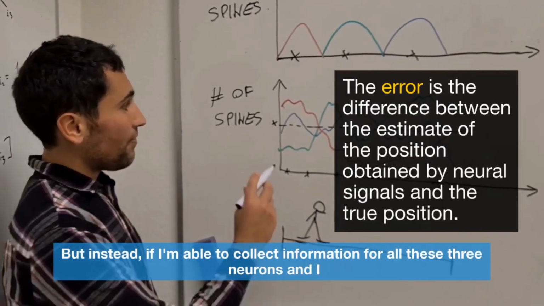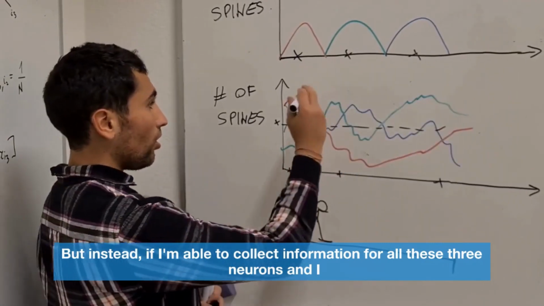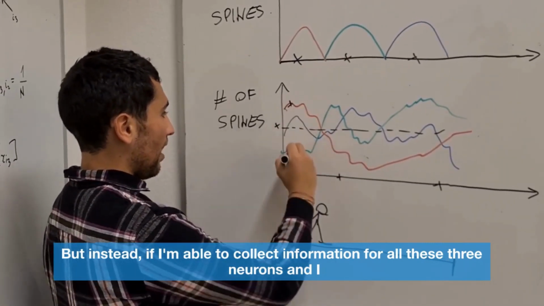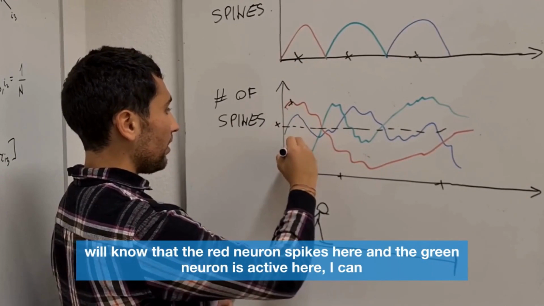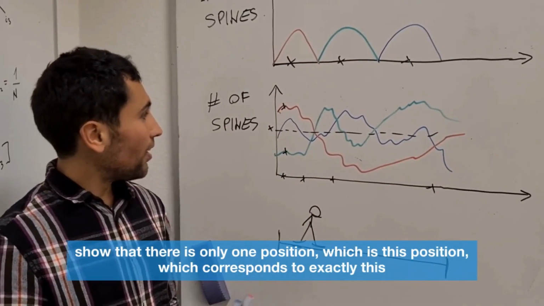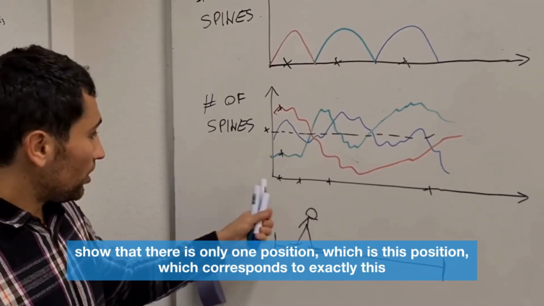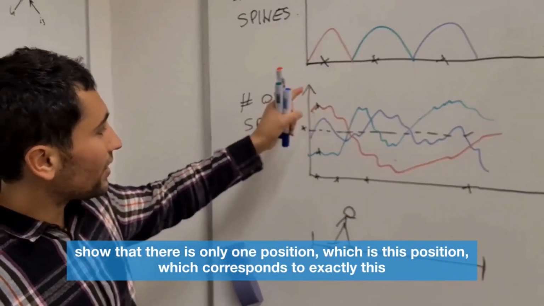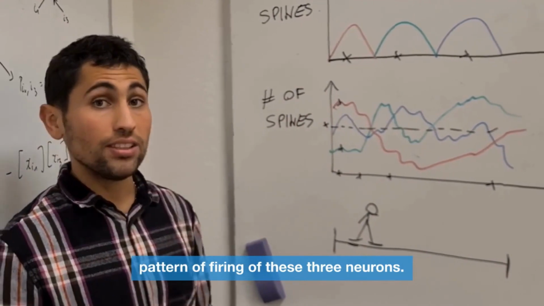But instead, if I'm able to collect information from all these three neurons, and I know that the red neuron spikes here and the green neuron is active here, I can show that there is only one position, which is this position, which corresponds to exactly this pattern of firing of these three neurons.